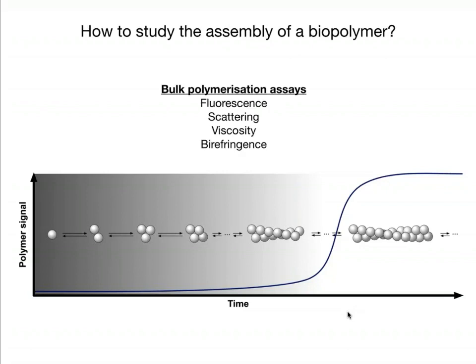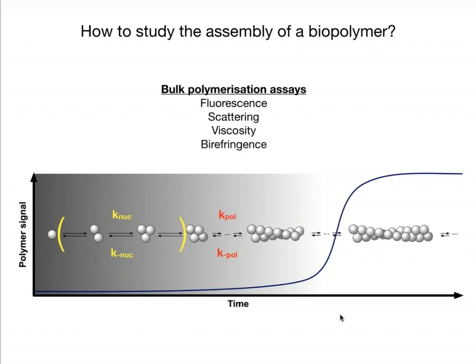Now, from these curves, since you get some information about the nucleation in the lag phase and some about the polymerization phase in this region of the curve, you can extract kinetic parameters like a nucleation or polymerization rate. However, since these techniques are basically blind towards the individual molecular species that are involved in this process, you get somewhat averaged rate constants for these processes.